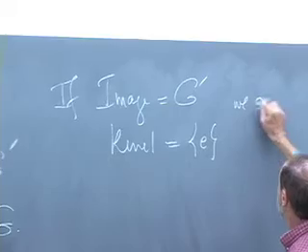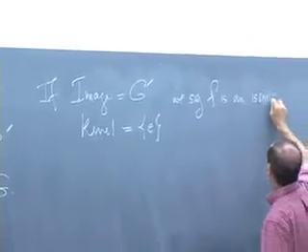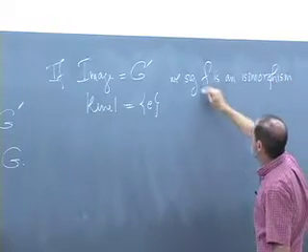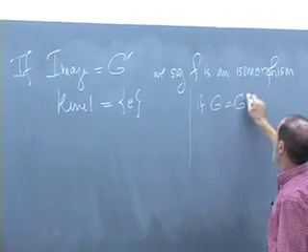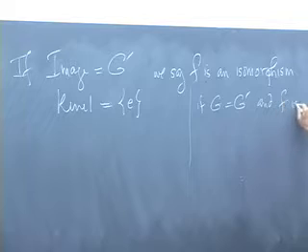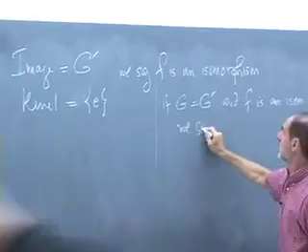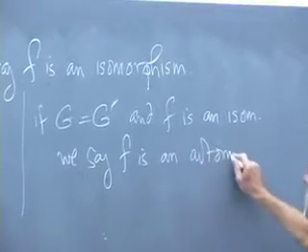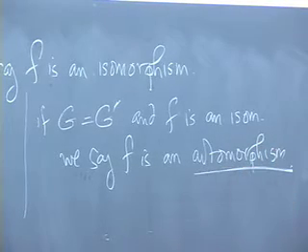So if the image is G prime and the kernel is e, we say f is an isomorphism. And if beyond being an isomorphism, G is equal to G prime and f is an isomorphism, we say f is an automorphism, an isomorphism from G to itself. We'll give some examples of that.